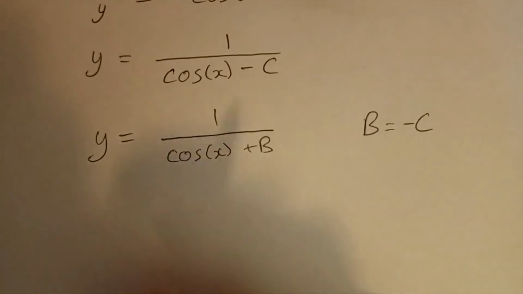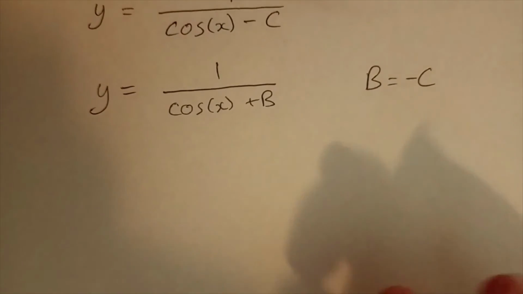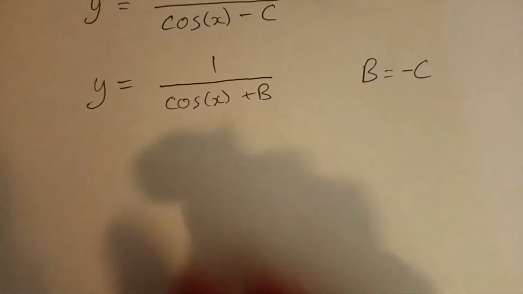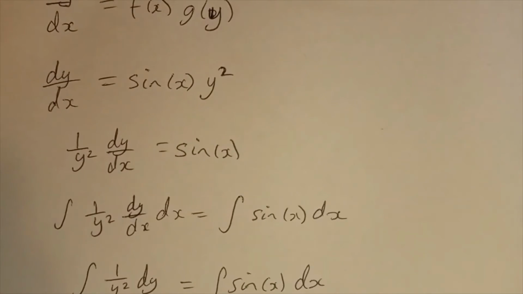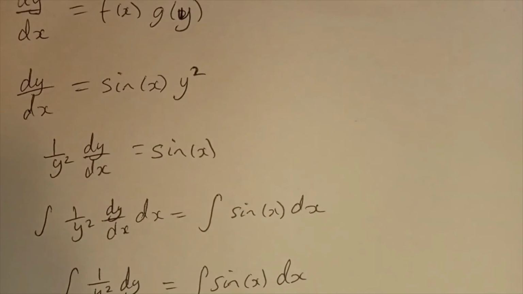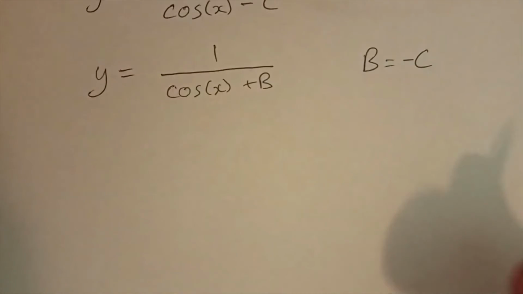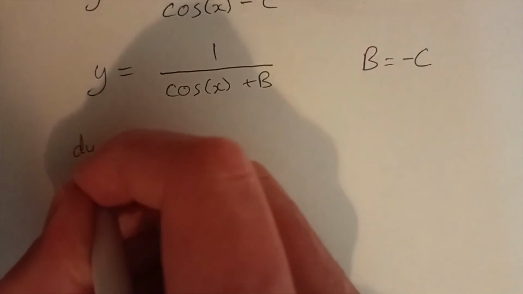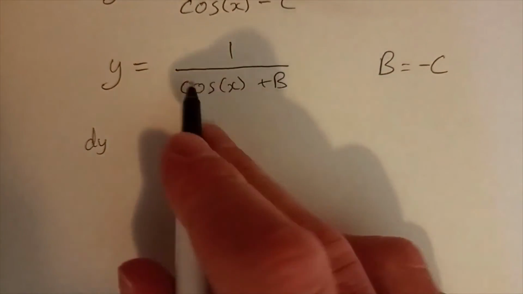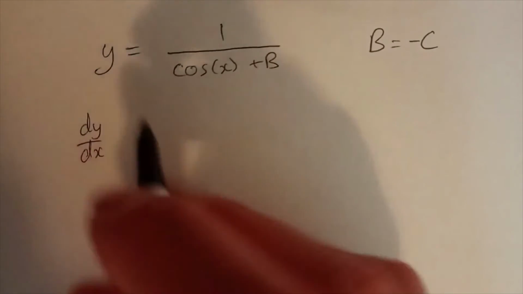And now it's a good idea to again check this function to see if it indeed solves the differential equation. The differential equation was dy dx equals sine of x times y squared. So to find out if it solves the differential equation, we take the derivative of this function with respect to x to find dy dx for this y.